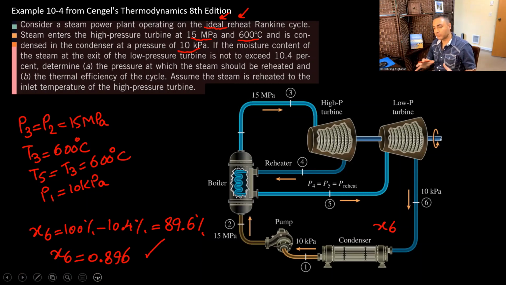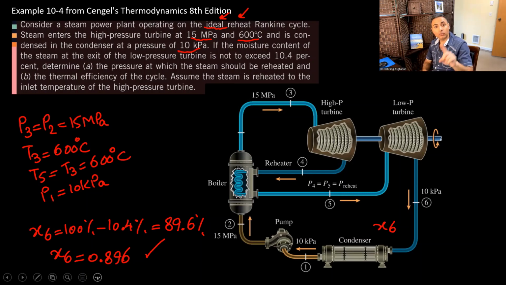So remember, to solve a regular ideal Rankine cycle, you need basically only 3 pieces of information. You need the low pressure, the high pressure, and the high temperature. To solve an ideal reheat cycle with only 1 reheat, so we can have multiple reheats, by the way, that's a different story.